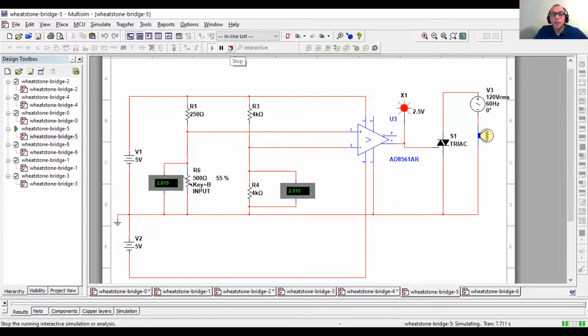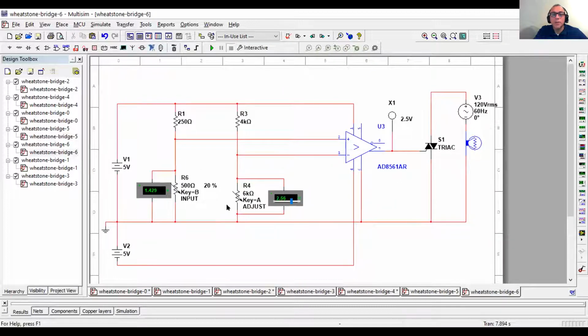Okay, but suppose I want to change that. I want it to go on earlier. So what I would do is go back to this one, I would adjust this. So let's turn it down to 2.26. So let's see when the light goes on now.